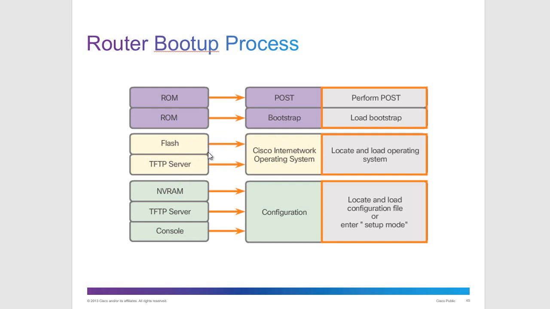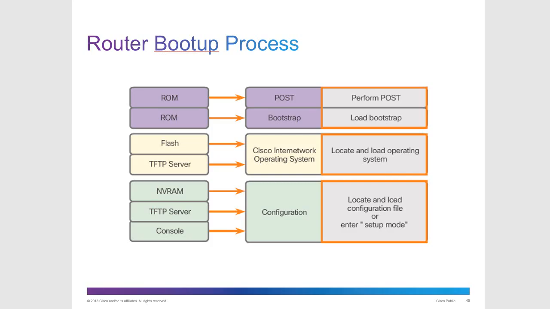Typically you use the TFTP server to upgrade your Cisco IOS. Your configuration file is going to be loaded from NVRAM, and then you're going to be ready to enter setup mode. So that's the whole process: power on self-test, bootstrap, loading your operating system, loading the configuration file, and you're ready to go.